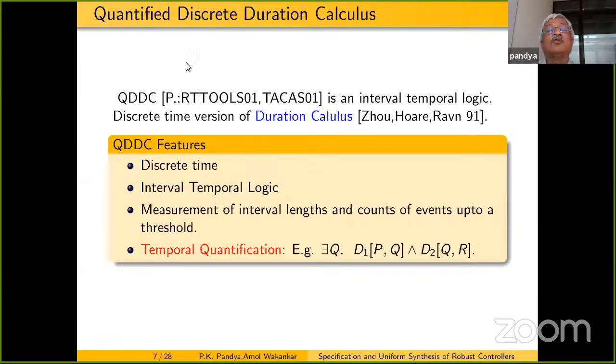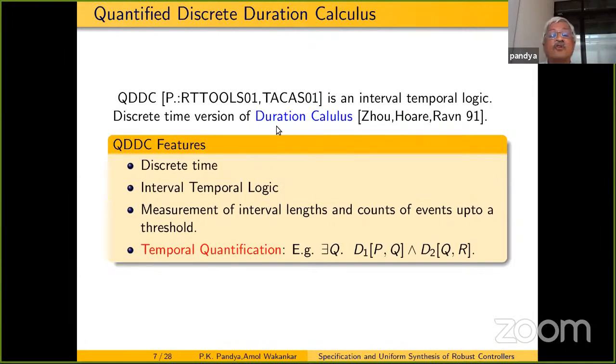The logic is called QDDC, or Quantified Discrete Duration Calculus. My friend Kamal Lodhia prefers to call it Quidditch. It's actually the discrete time version of a logic called duration calculus, proposed by Zhou, Hoare, and Ravn way back in '91. So maybe it's not so stupid either, because Hoare was involved.